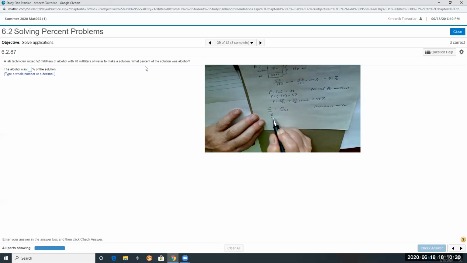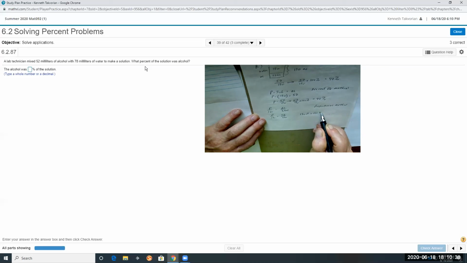The percent is what we're looking for. The alcohol is 52. The total, the key is that we always want the total is 130. To solve, we cross multiply, so 130 times P is 100 times 52. So P is equal to 100 times 52 all over 130. Doing the calculation with the calculator turns out to be the same answer, 40%.